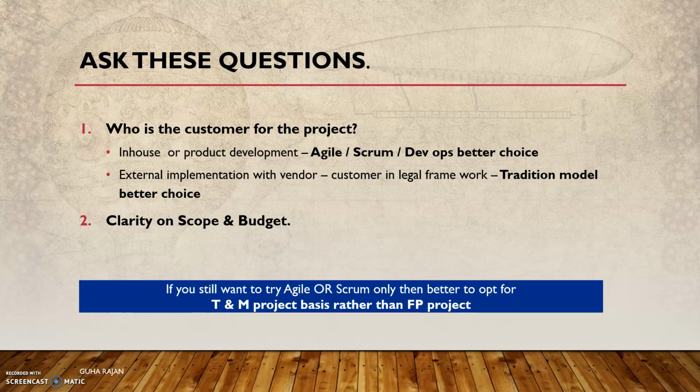But still, from the financial angle, if you still want to try Agile or Scrum, then it is better to opt for a time and material project basis rather than a fixed price project. If you choose a fixed price project without good clarity on scope and budget and try to get into Agile, probably yes, you could be inviting trouble.